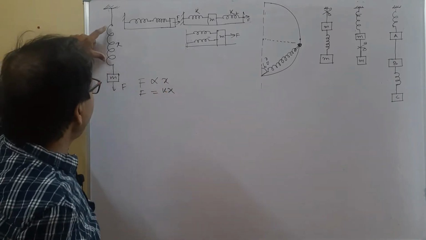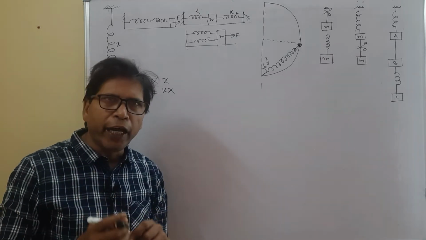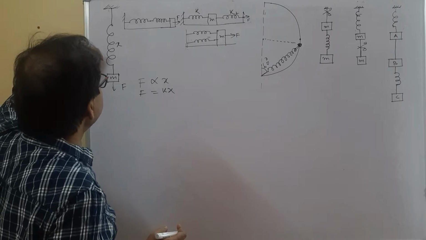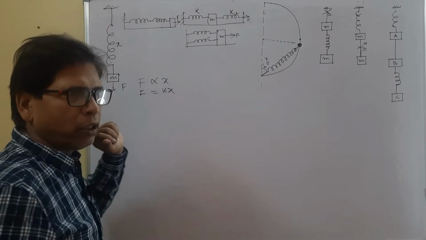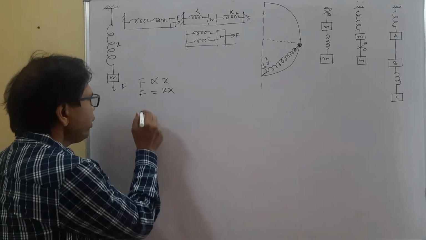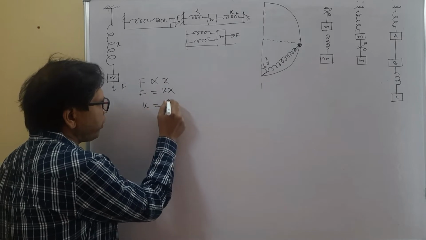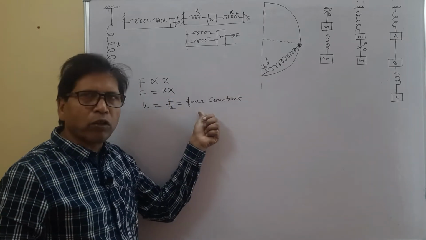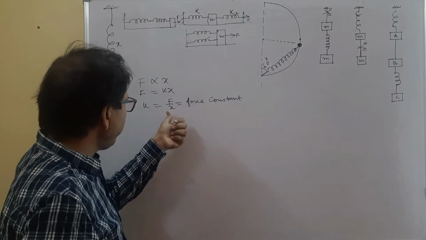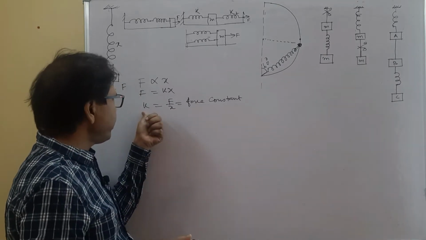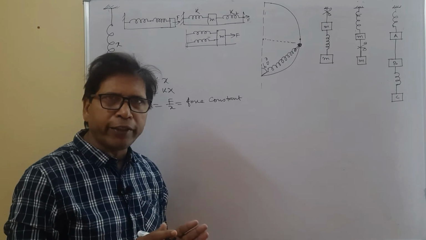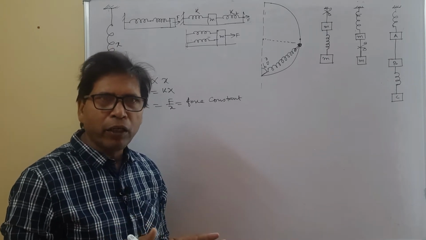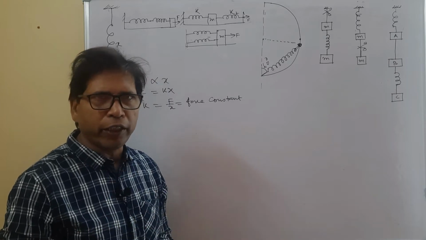When the spring elongates, the spring tries to neutralize the force acting on it, so a restoring force acts in the upward direction in the spring. Now k equals F by x, which is called the force constant. If x equals 1, then k equals F. So the force constant is the balanced force acting on a spring to produce unit elongation.